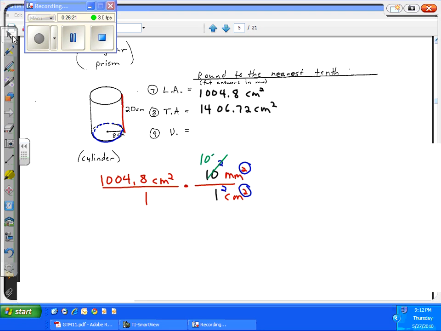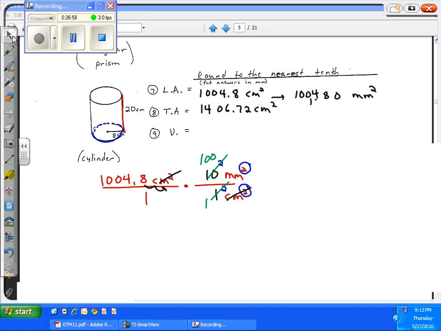So we square the conversion and get 100 to 1. The name square centi is canceling. 100 times that would shift the decimal 2 places right. And so we would have 1004, move the decimal 2 more, 80, square millimeters. 100,480 square millimeters.